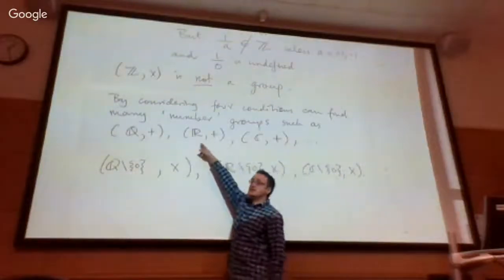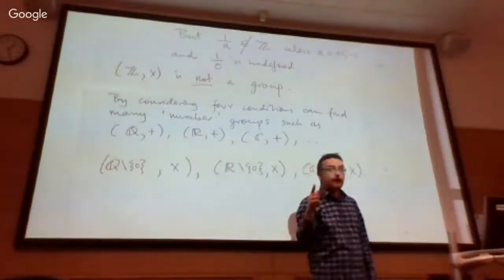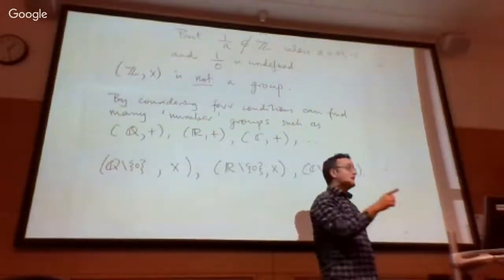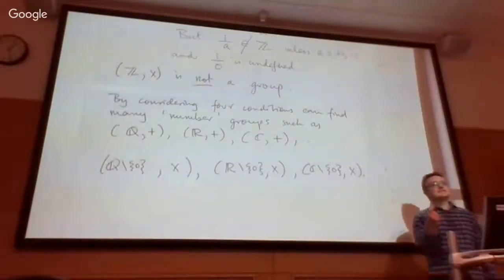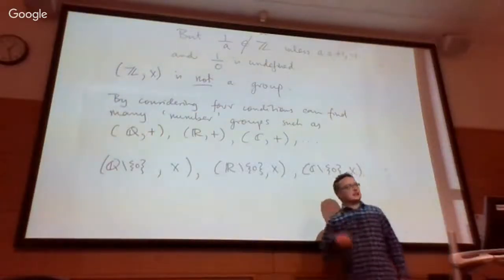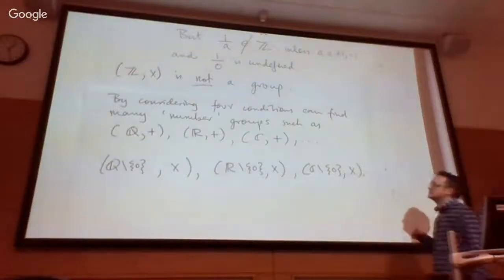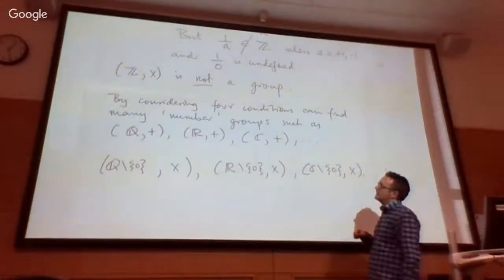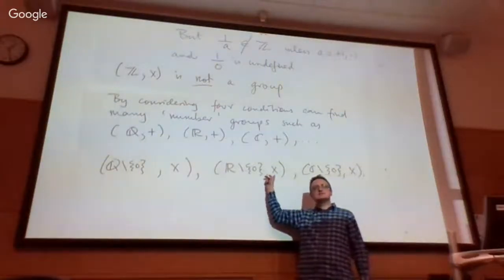0 does have an additive inverse. What's the additive inverse of 0? What's the inverse of 0 under addition? 0. Yeah, it is its own inverse. There's nothing that says an element can't be its own inverse. Indeed, the number 1 is its own multiplicative inverse.